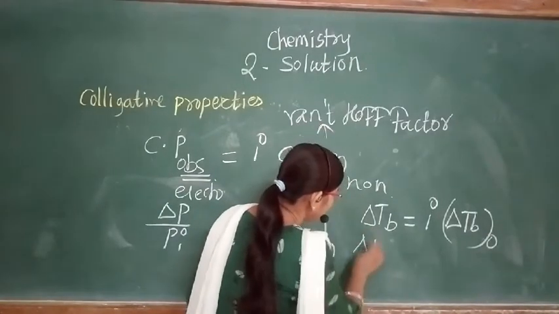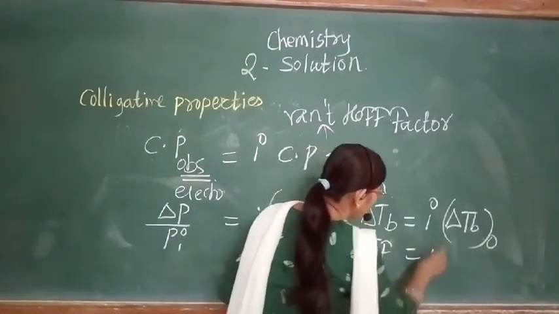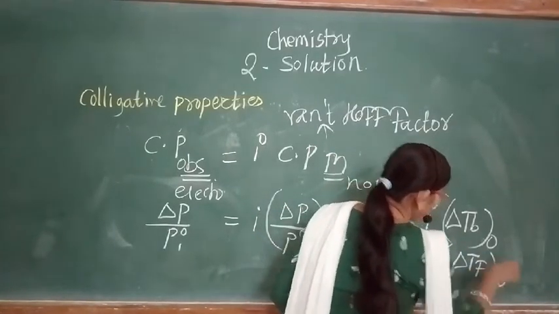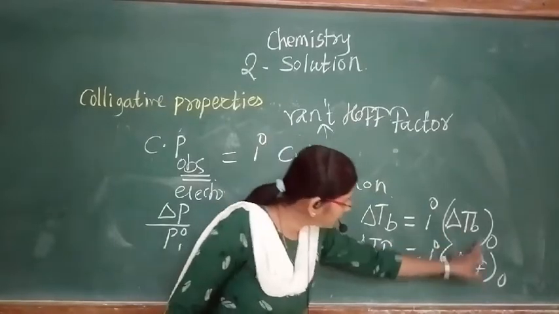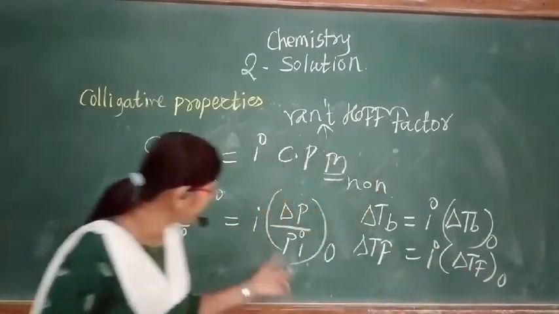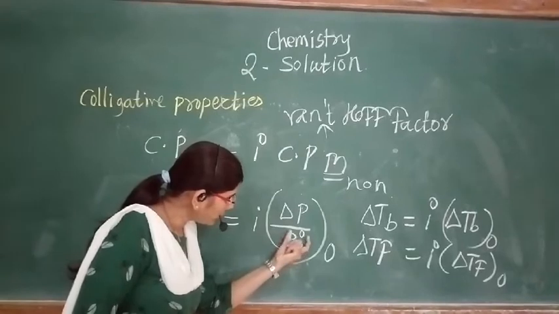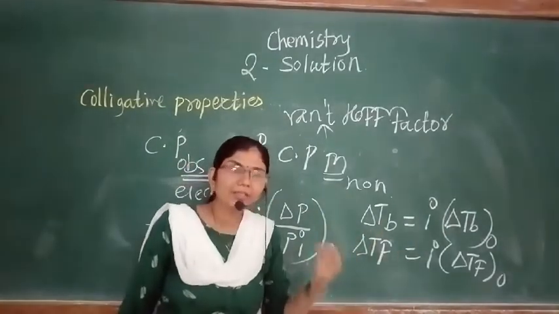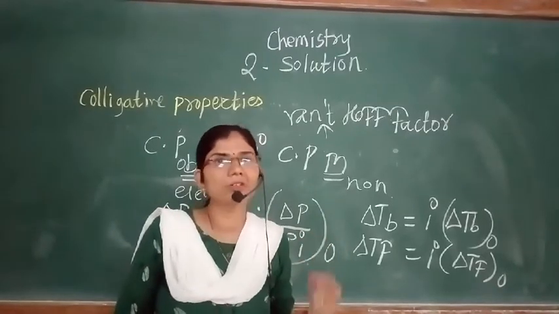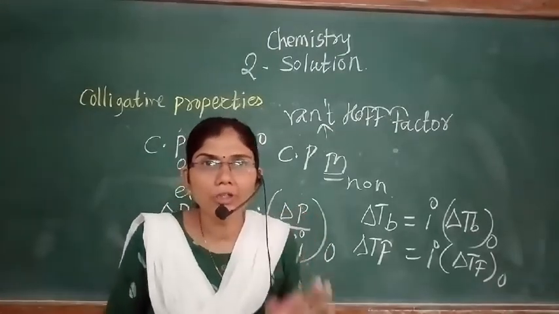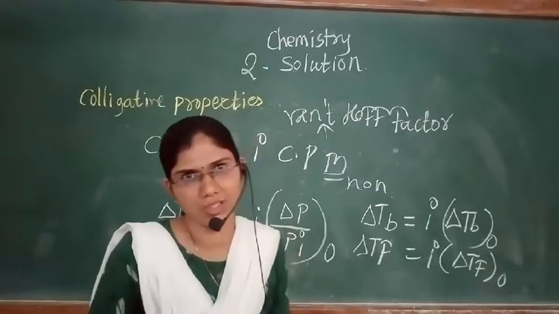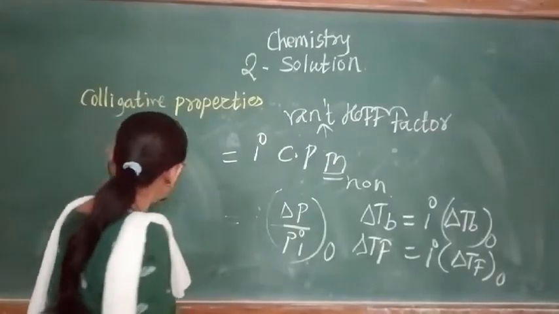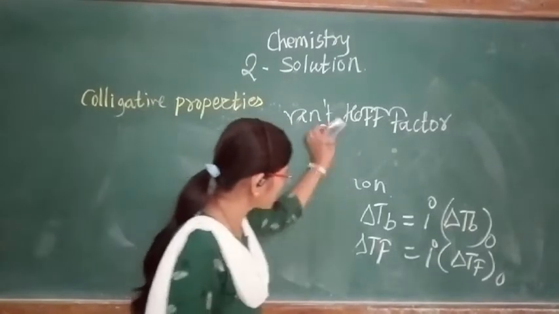Just like delta TF is equal to i delta TF naught, because delta TB naught, delta TF naught, and delta P upon P naught 1 zero are the theoretical colligative properties, that means the colligative properties for the non-electrolytic solution.